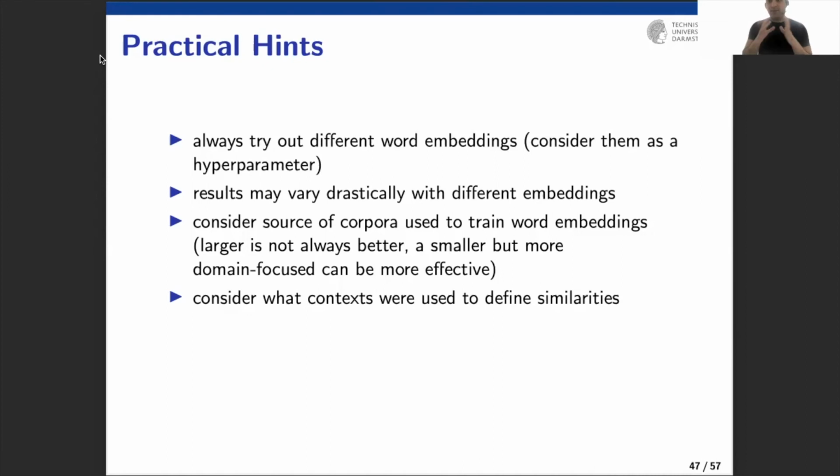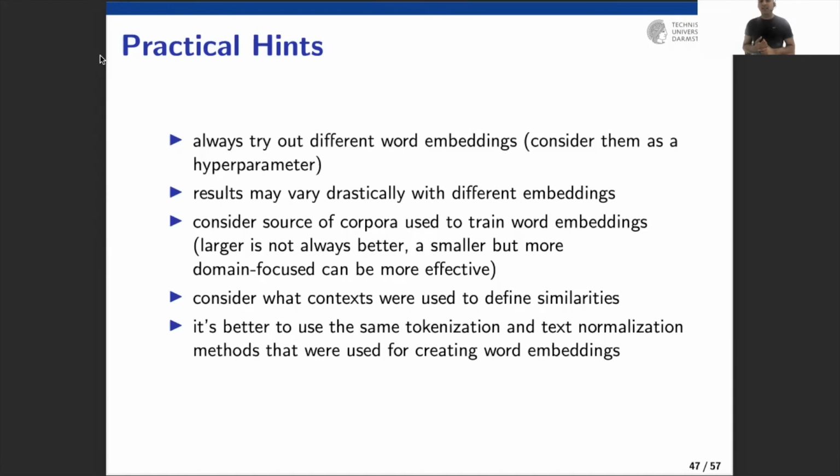We discussed that when people use a large context, it's very likely that word embeddings capture topic similarity between words. And when people use a small context, it's very likely that word embeddings capture syntactic similarity.